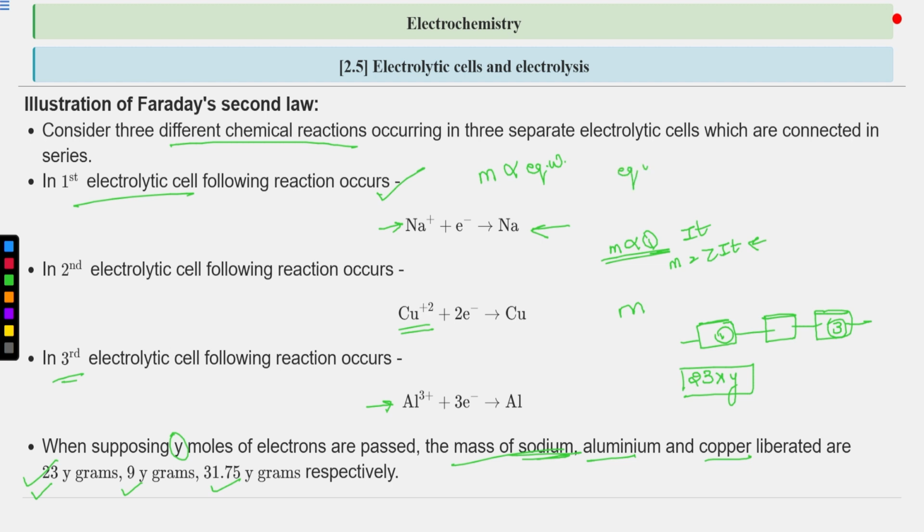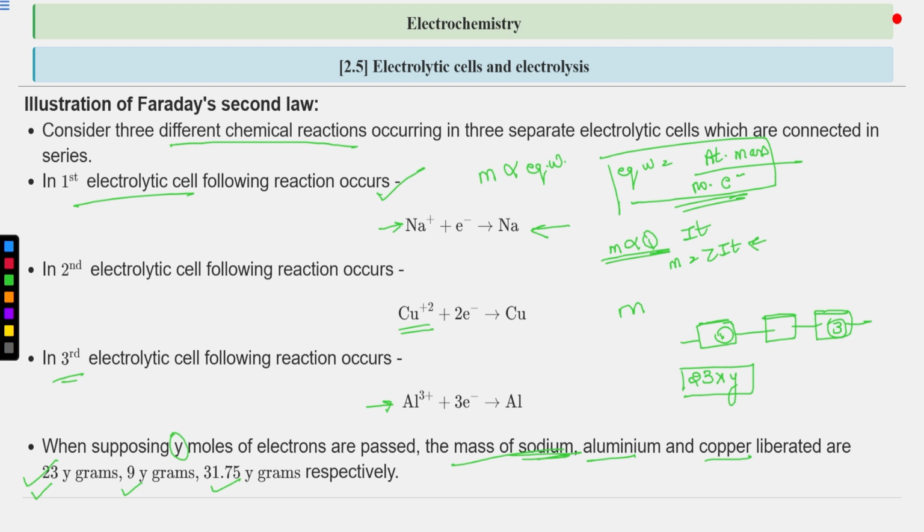And equivalent weight is the atomic mass of the metal depositing or liberating on that electrode, divided by the number of electrons required to reduce the cation. Whatever number of electrons it is gaining or losing will come in the denominator. This is how equivalent weight is defined, and that equivalent weight decides the mass which will deposit or liberate from our electrode.